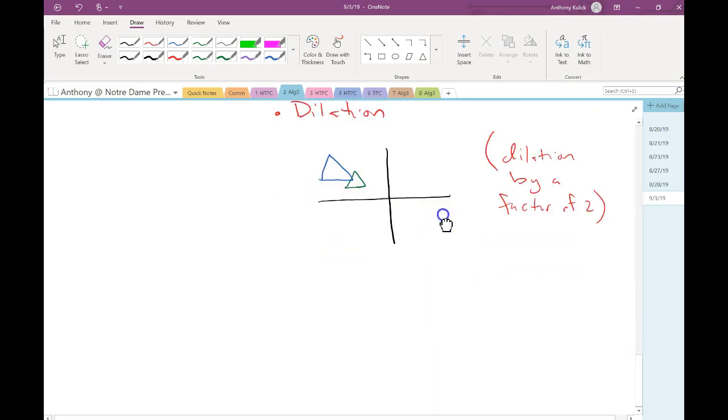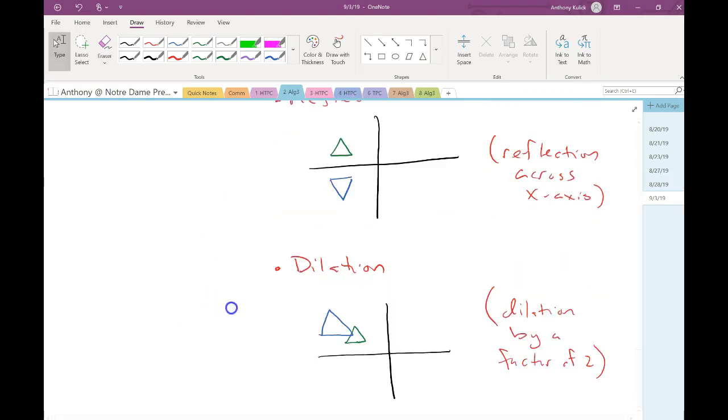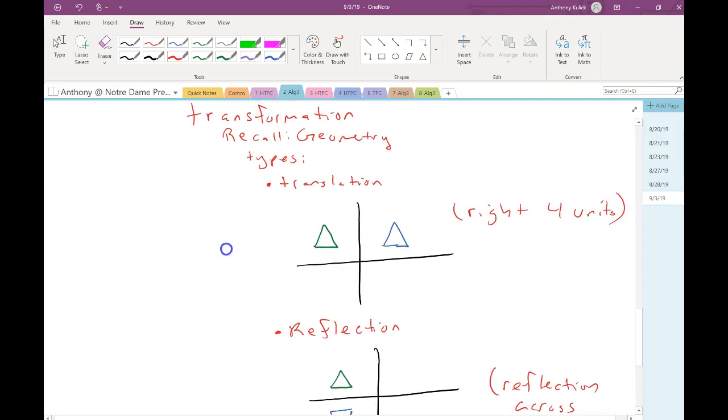So, everybody's okay with this idea? Okay. So, if we're, say, taking a single point here, let's call that point just generically xy, and I moved it to the right 4 units, what coordinate is going to change on that point?